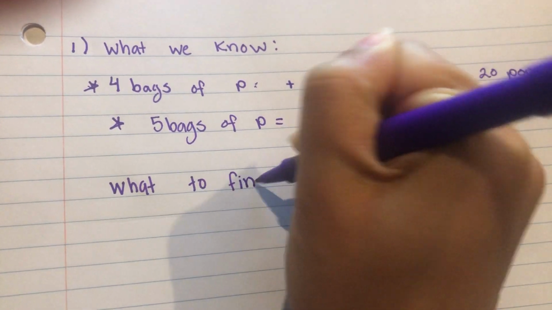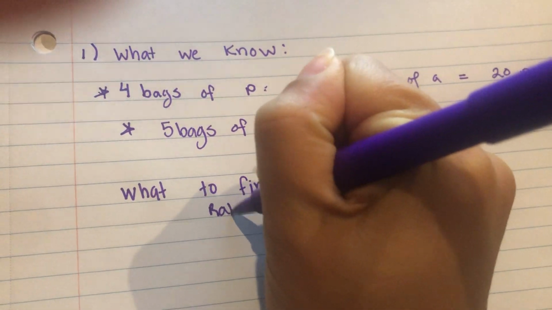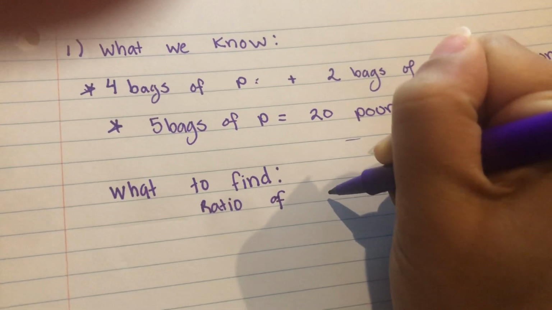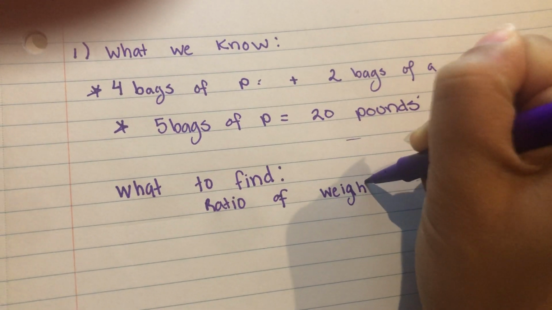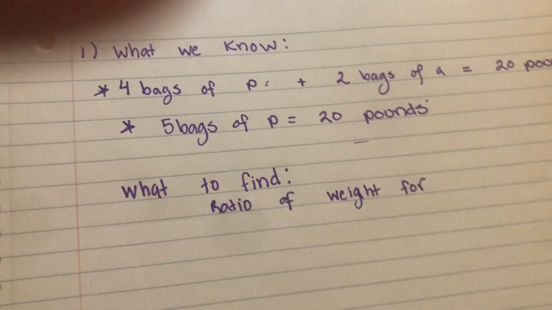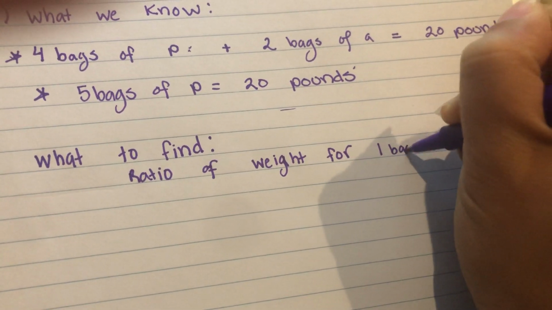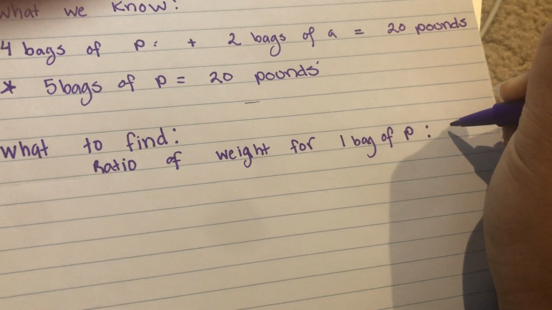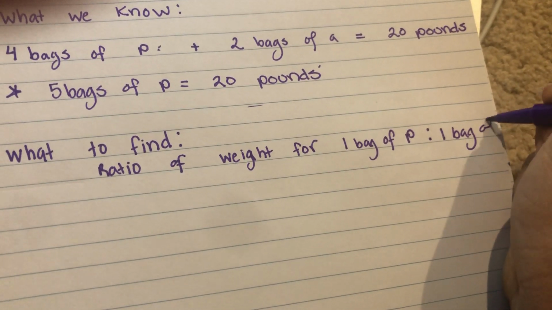The second thing is what to find. So we have to figure out, what are we trying to look for? And it says here, ratio of weight for 1 bag of persimmons, and I'm going to put, this is like the colon for ratio, 1 bag of apples.